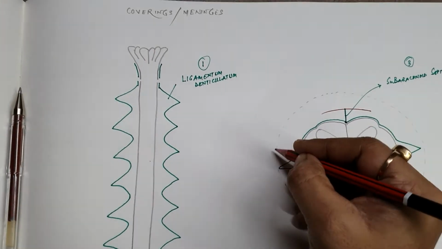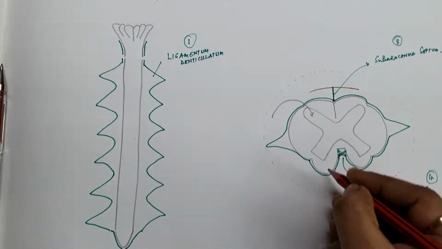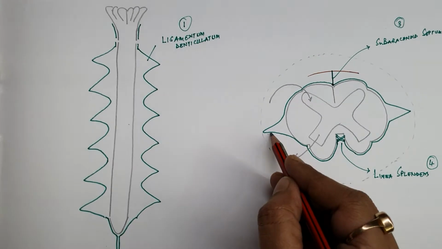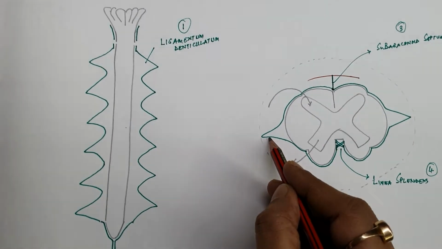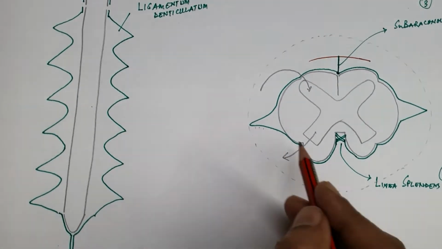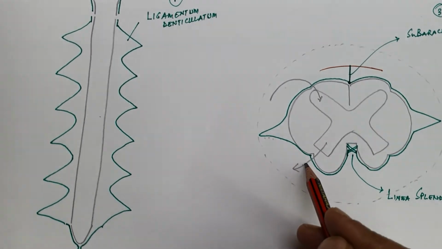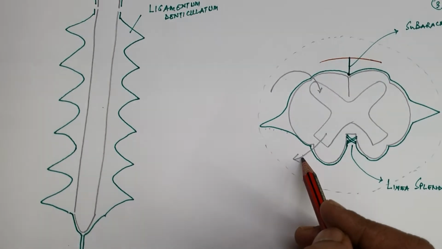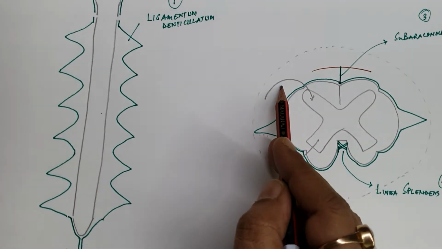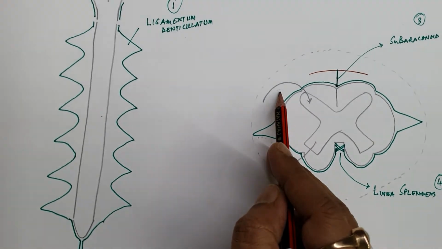The thing is that the sensory nerve enters through here and the motor nerve comes out. This ligamentum denticulatum demarcates, or helps a neurosurgeon to locate, the motor nerve and sensory nerve. The nerve in front of the ligamentum denticulatum is definitely the motor nerve, and posterior to the ligamentum denticulatum is the sensory nerve.